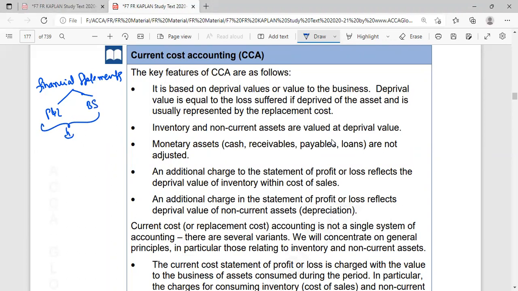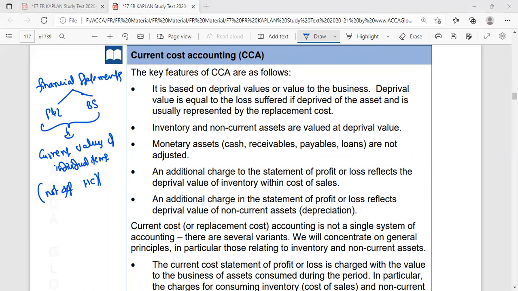Those are prepared based on current values of individual items, and not at historical cost or original cost.